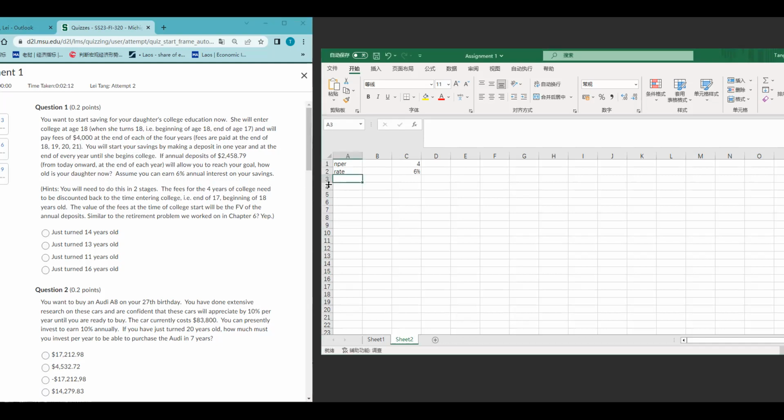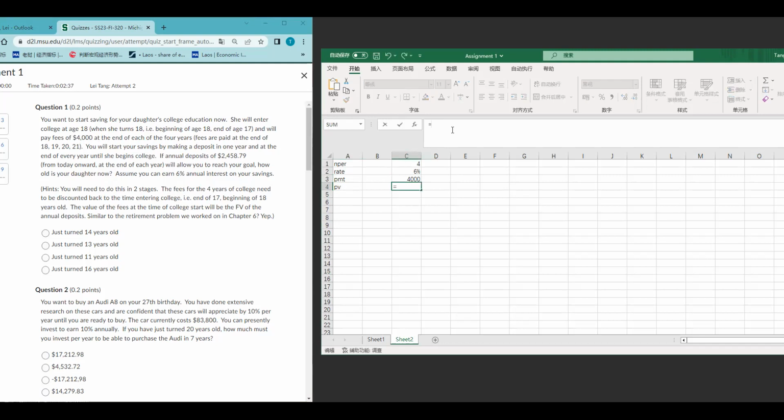So we try to solve the present value for the education fee. So the PMT is 4,000. So right now, how much money do we need to save in the account?